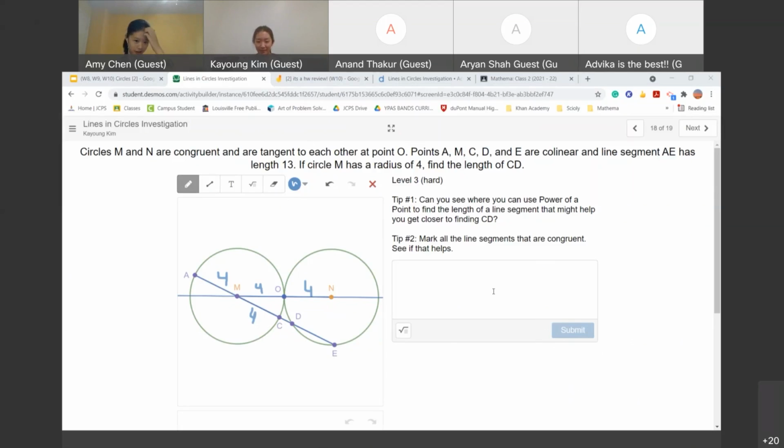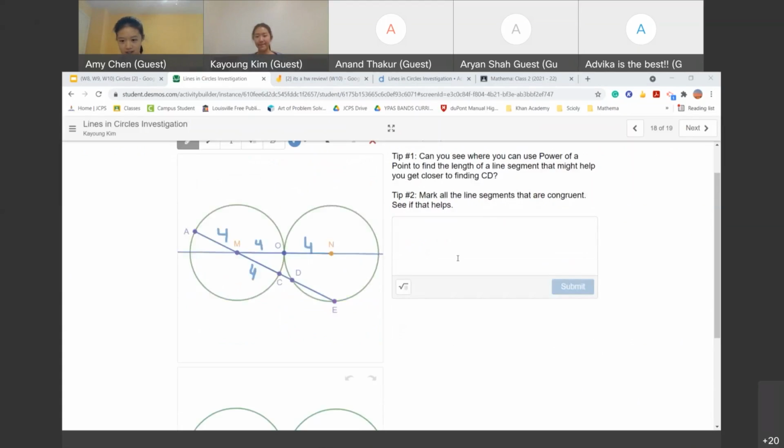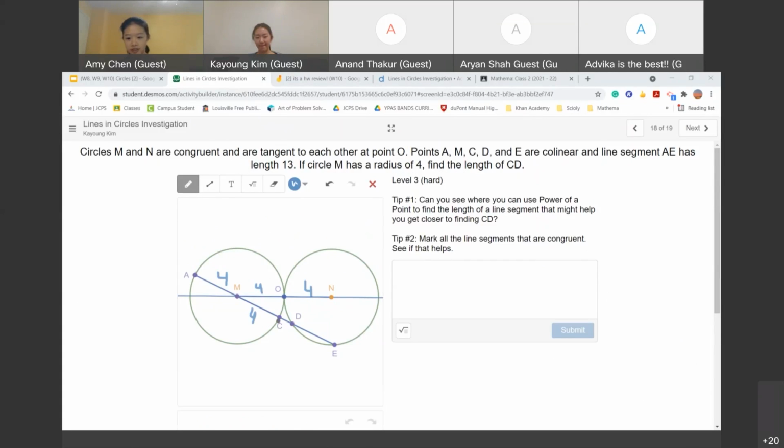I can give another hint. What is the length of line segment CE? This should be from info in the question. Yes. I have one answer in the chat from Prithu. CE has length 5. And we know that because the question tells us that line segment AE has length 13, right?